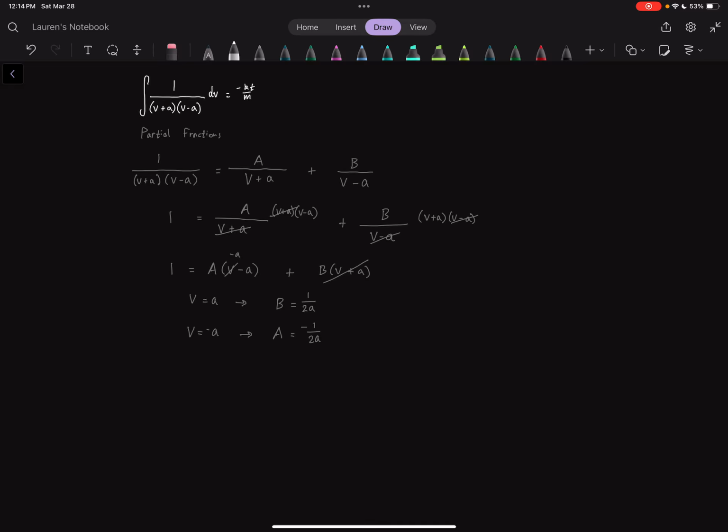Going back to our integral, what this does is we can write this as the sum of two different integrals.